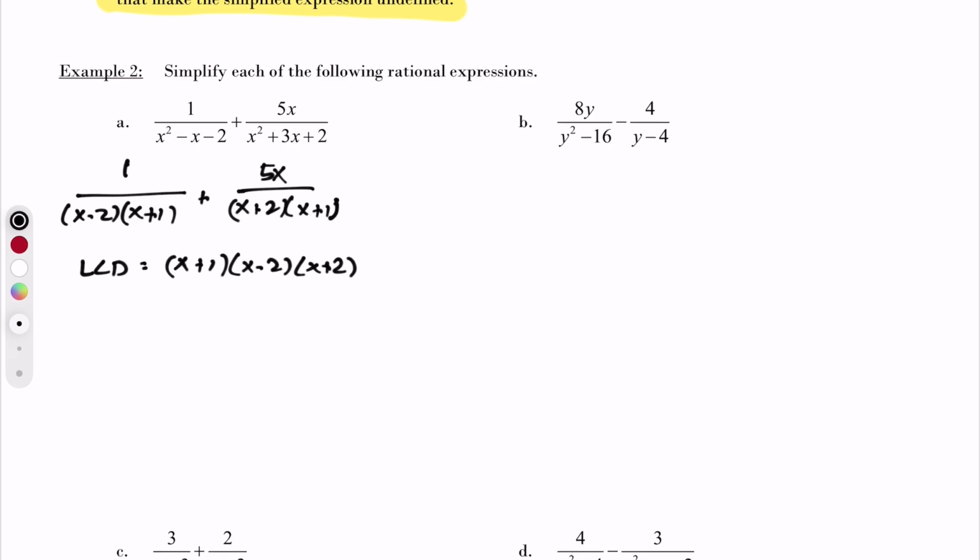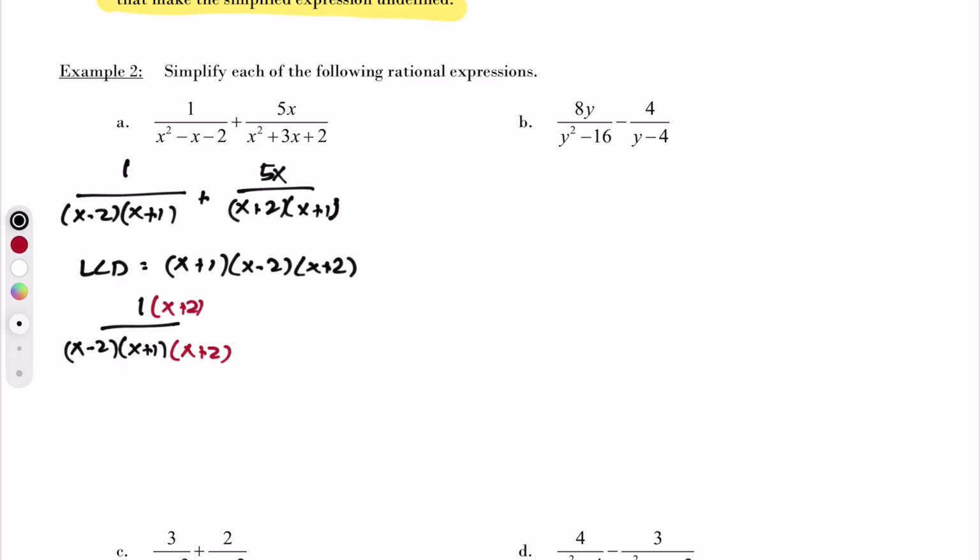So now I'm going to rewrite this. I need to have a common denominator. This expression already had an x minus 2 and an x plus 1. It is missing the x plus 2 factor, so we need to multiply its top and bottom by x plus 2.